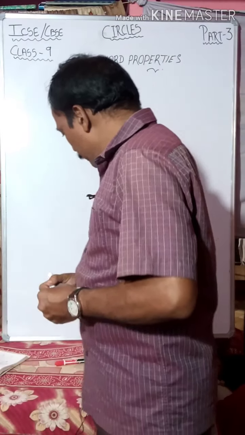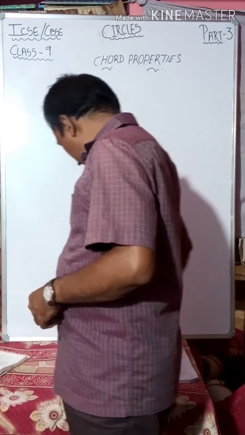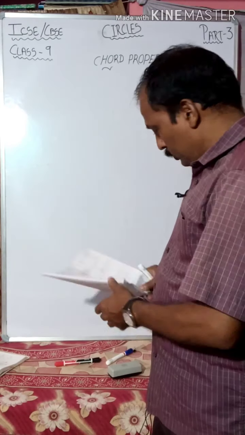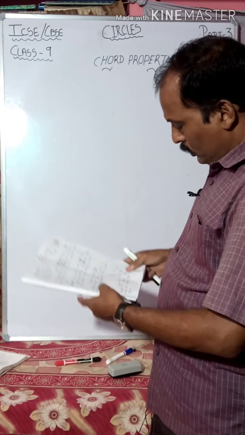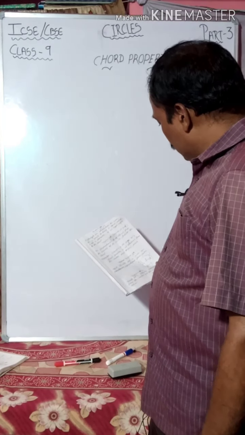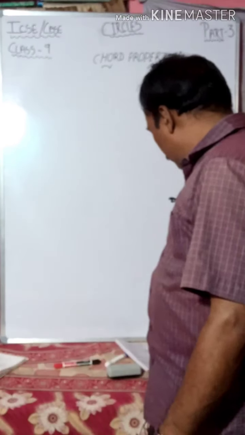The next theorem: equal chords of a circle are equidistant from the center.